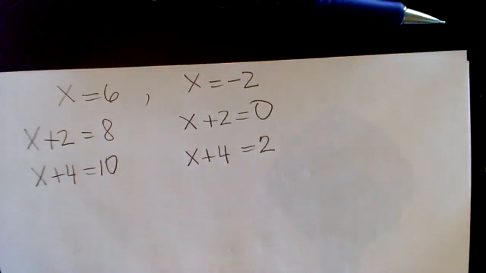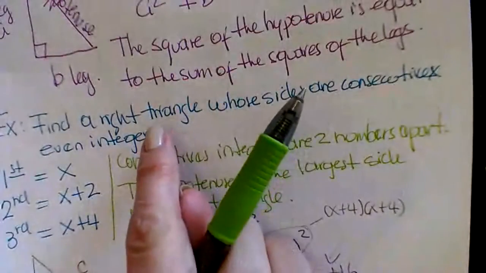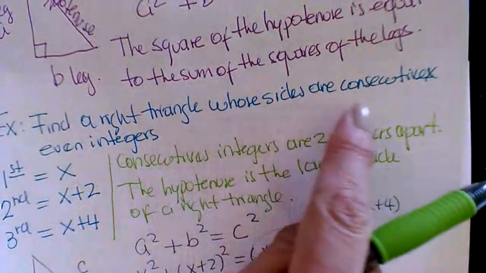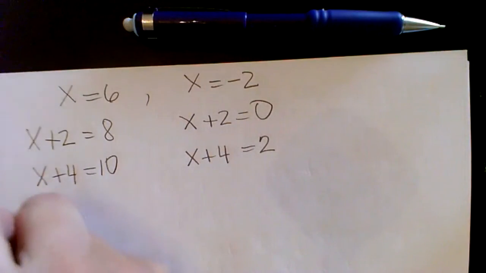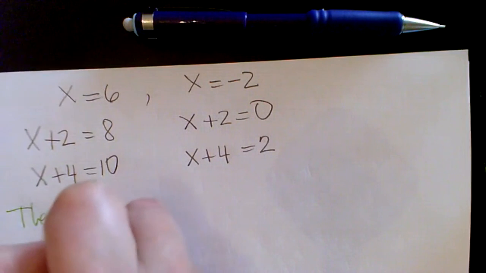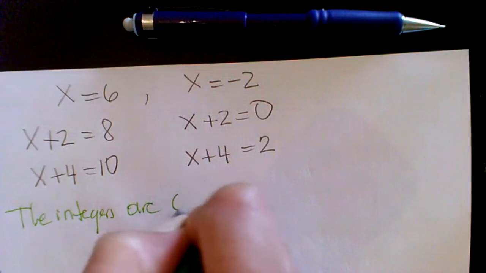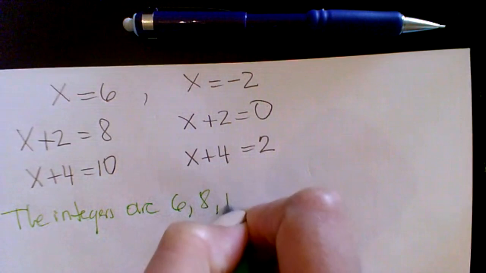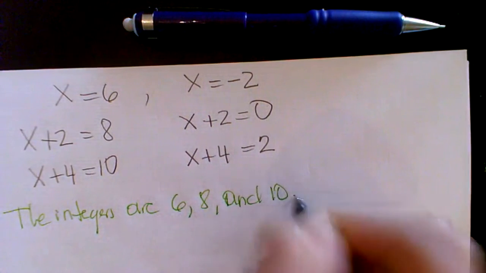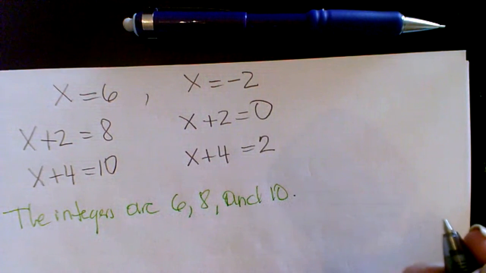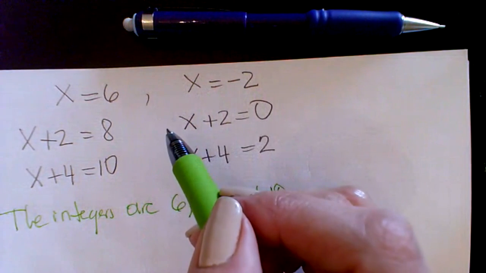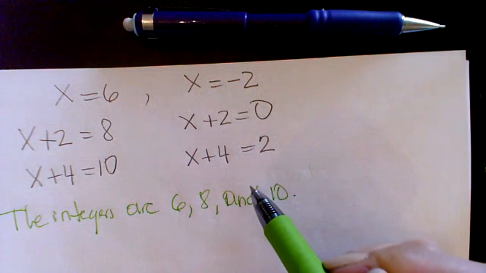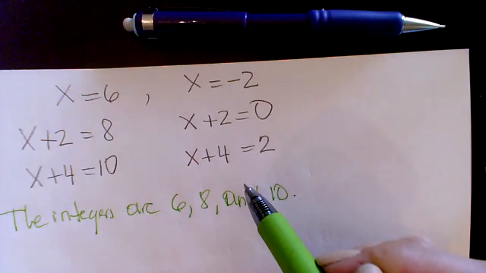Now, the question was find a right triangle whose sides are consecutive even integers. So the answer will be the integers are what? 6, 8, and 10. And we're not going to include these ones because we are talking about a real triangle which has positive legs.